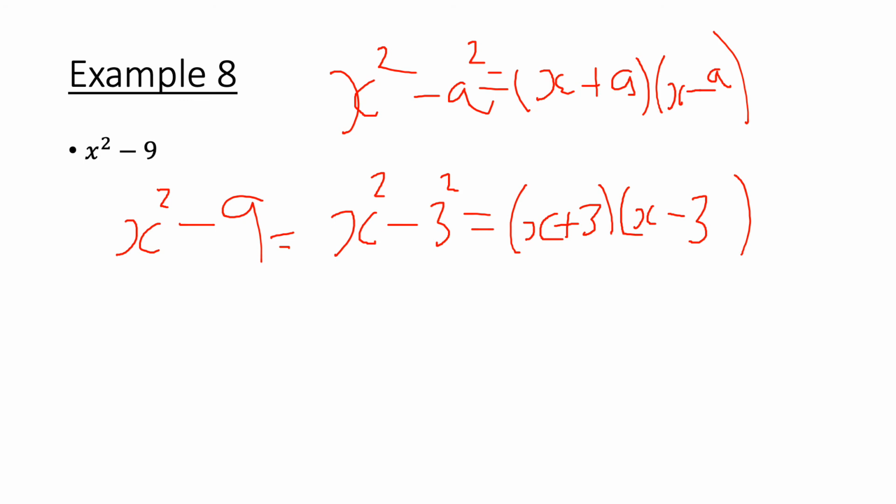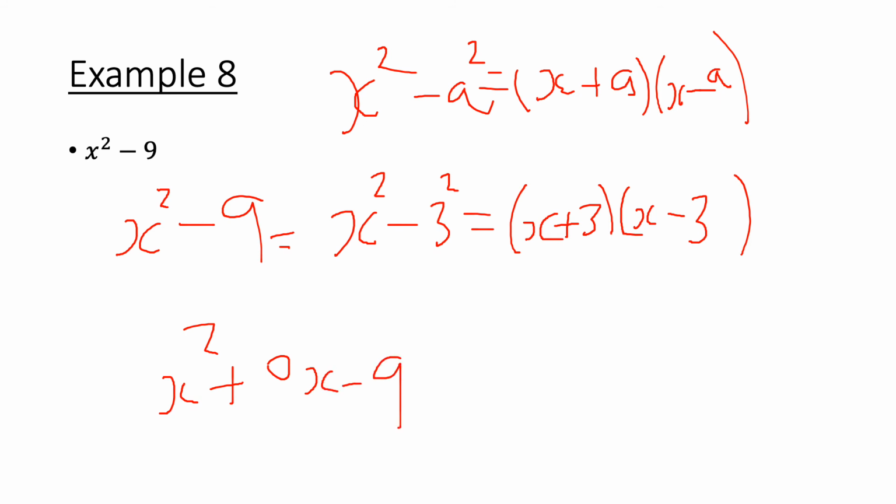So where a squared is a square number, then a is the square root of the number. Because of this, I've got a missing term here, the 0x in x squared plus 0x minus 9.